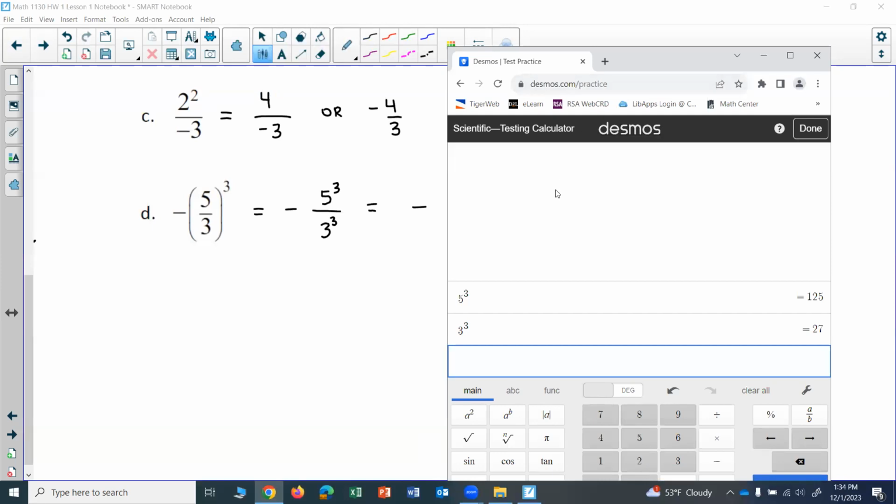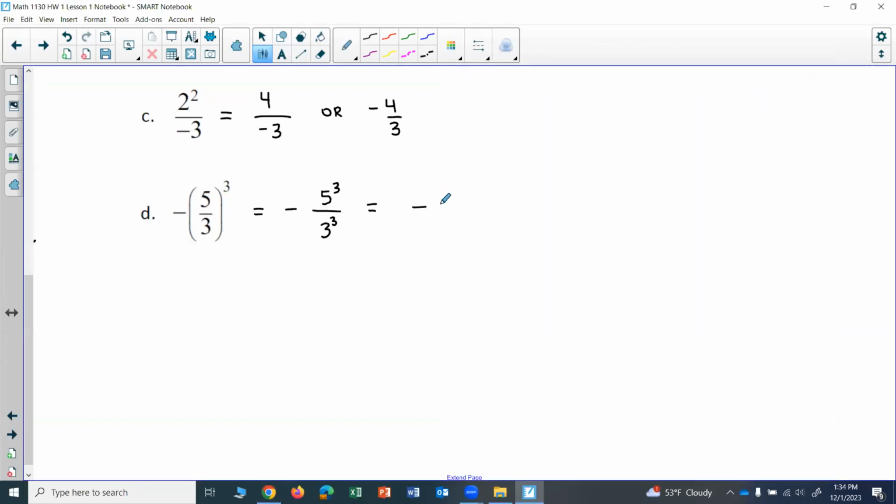You are allowed to use this calculator on your test, or you can use the TI-84. So 5 to the 3rd was 125. So I'll have 125 over 27 with that negative out front because I had the negative out front in the first place.